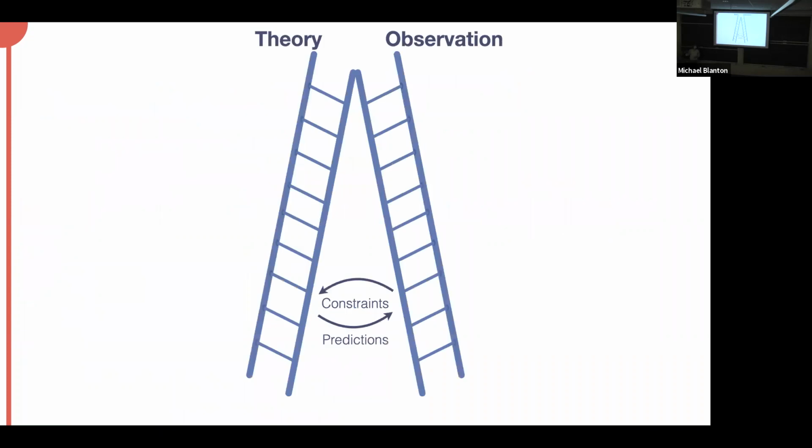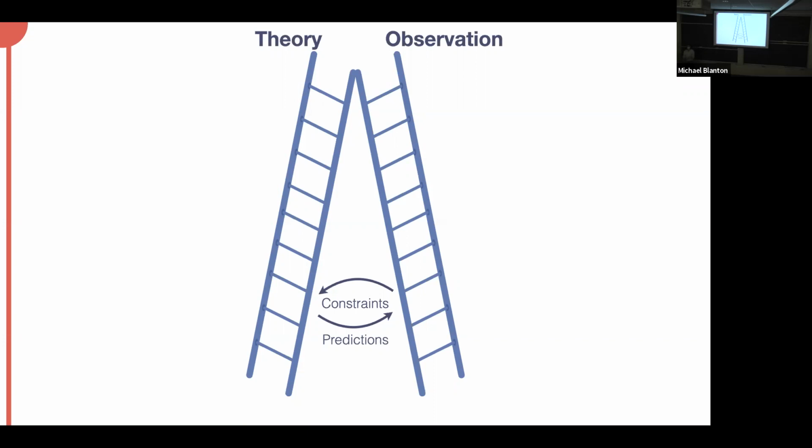So if you'll allow me one corny analogy, which if you've heard this talk before, will you allow me two corny analogies? We can kind of think of physics as these two dual ladders of theory and observation. And of course, both of these ladders support each other. We can make predictions from our knowledge of theoretical physics, which supports our observations.